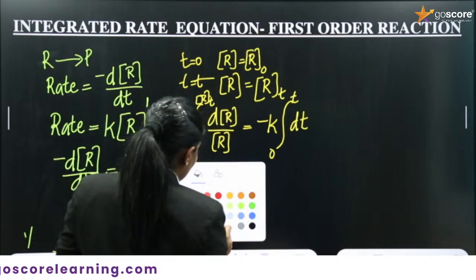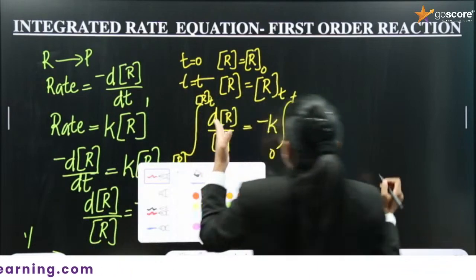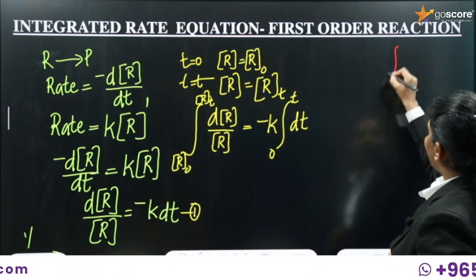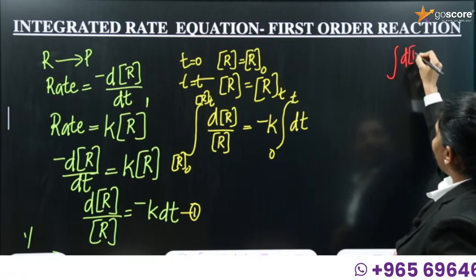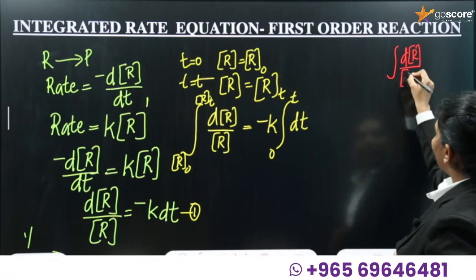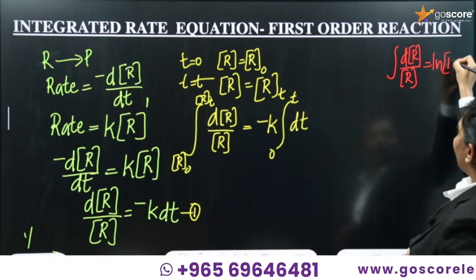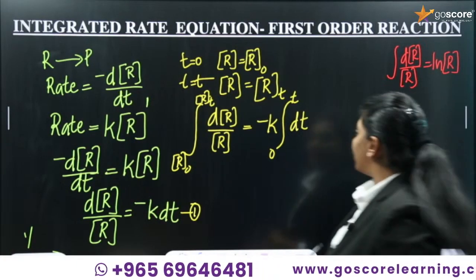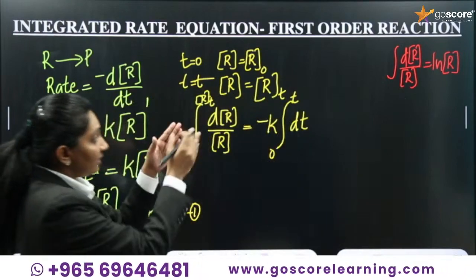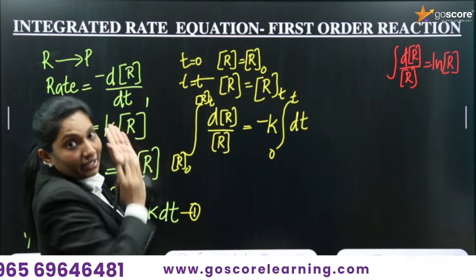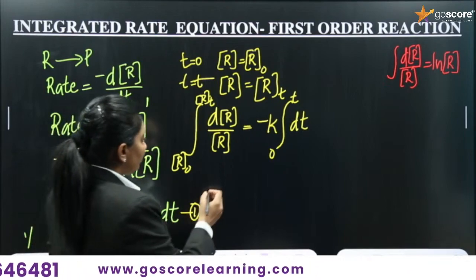So what is this? Integral of dR by R is natural log R, ln R, isn't it? So when you write it as upper limit minus lower limit, how can we represent it?